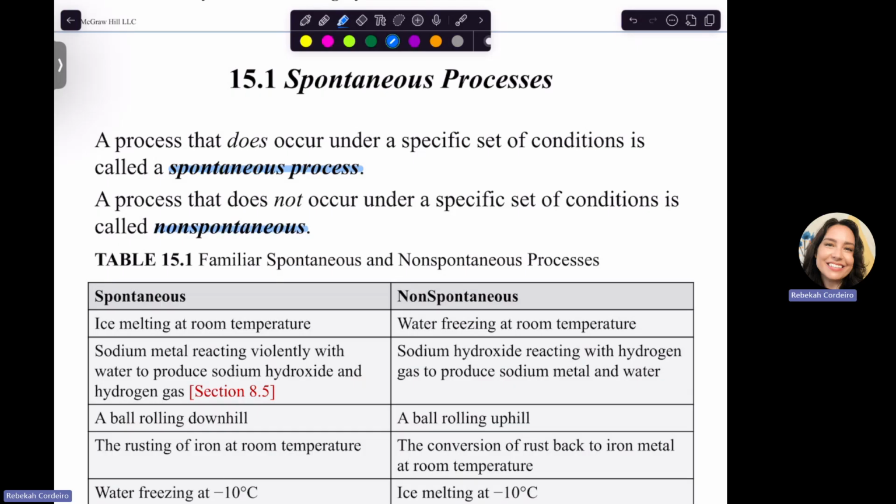Non-spontaneous processes do not occur unless they're constantly putting energy into it. Like you can have a non-spontaneous process, but this one needs constant energy input. And I have an example for you that will help.